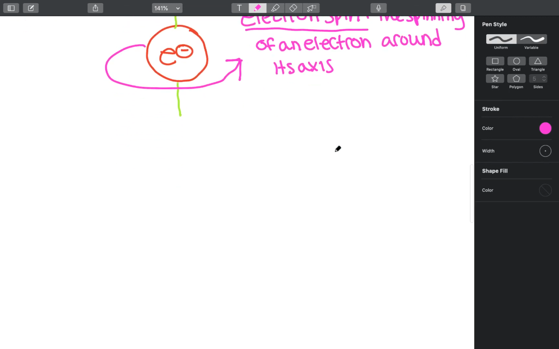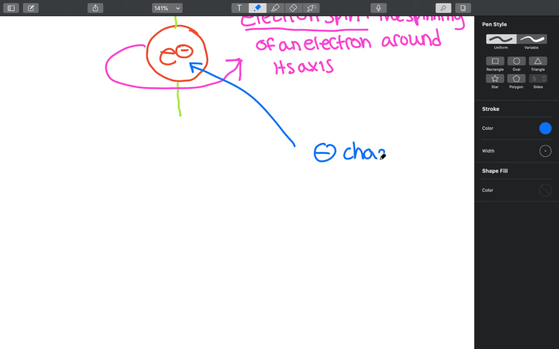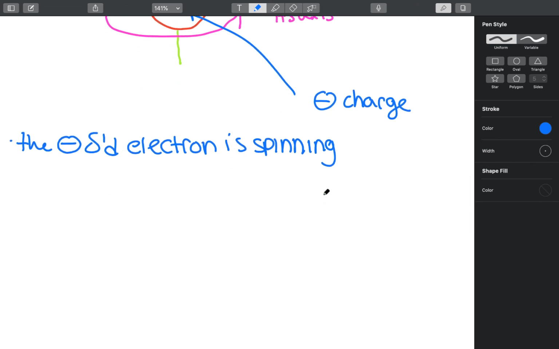So you know that electrons have a charge. Let's use blue. So the electron has a negative charge, and this negatively charged electron is spinning. And whenever you spin or move a charge, the spinning or moving charge forms a magnetic field.